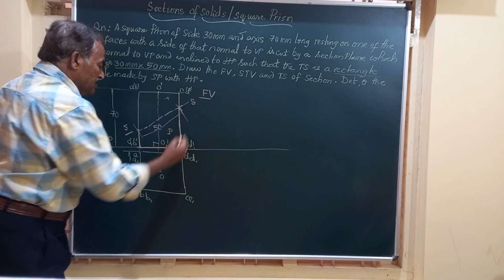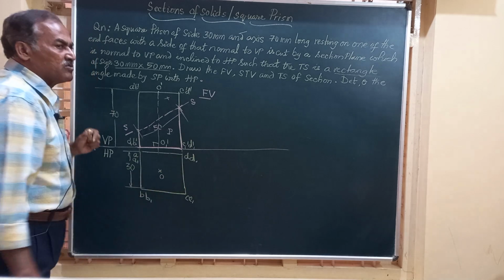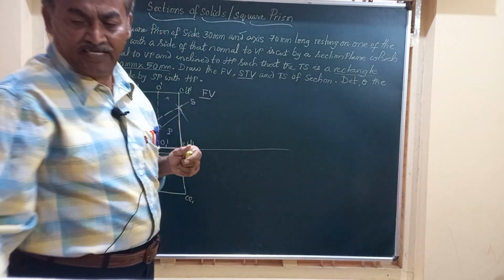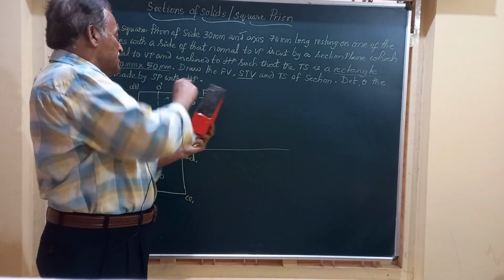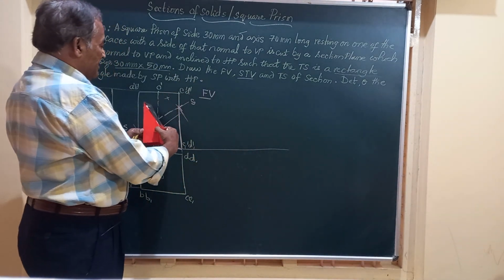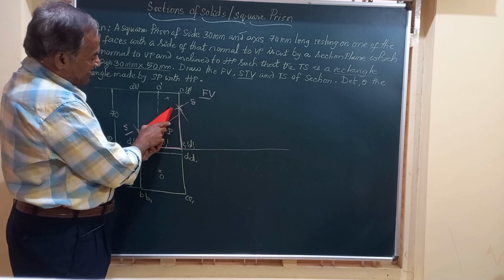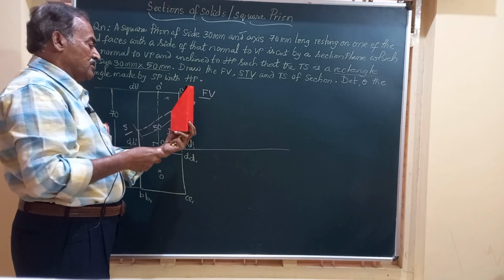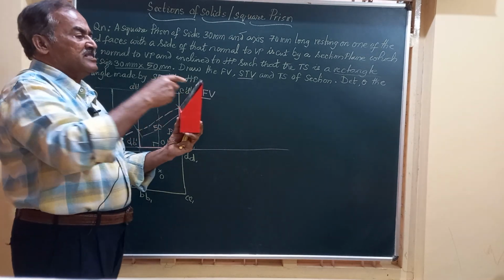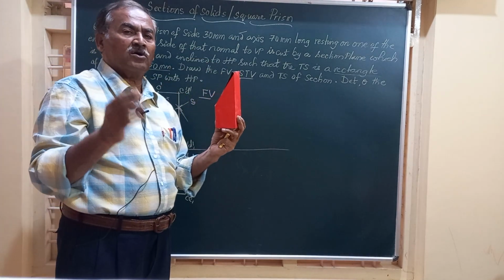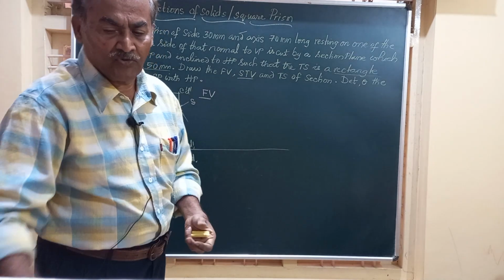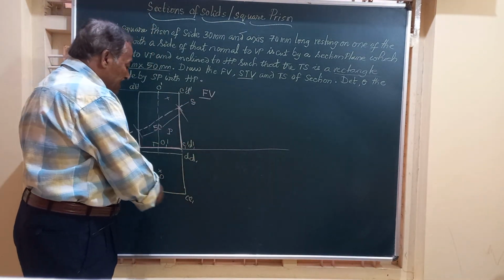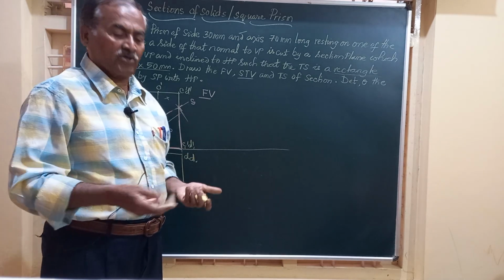And friends, this is the top view as of now. But it says draw the sectional top view. That is, when you see this object which is cut like this, when you look from the top, you are going to get the cut solid of the portion in the top view. So whenever a section plane is there above XY, is the section you are going to get in the top view.